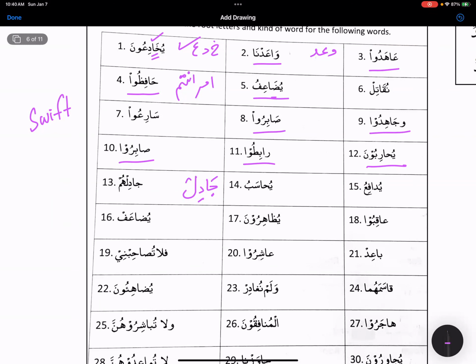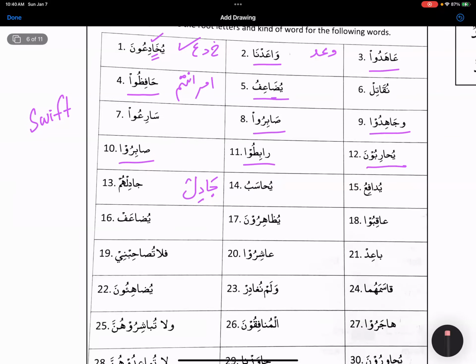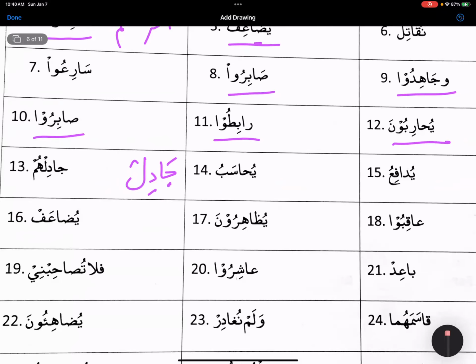Okay, now yuhasabu. Fil mudari majhool. Starting with the yaa, the root letter has a fatha. So yuhasabu, fil mudari majhool, fail huwa. Root ha, sin, ba. Translation? They will be accountable.